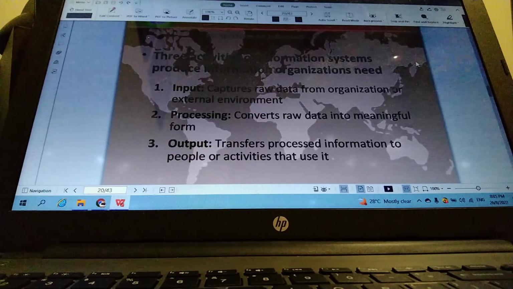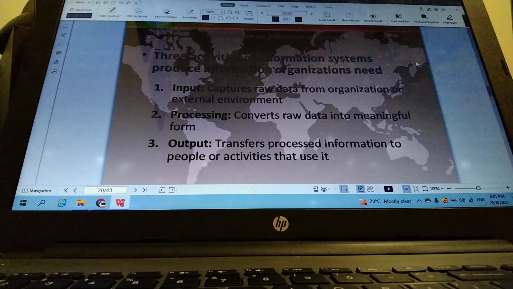With that, let's take a look at the three main activities that an IT system produces in any organization. Number one is input, which captures raw data from the organization or external environment. This is what our staff do on a daily basis, where input data is captured in various ways.